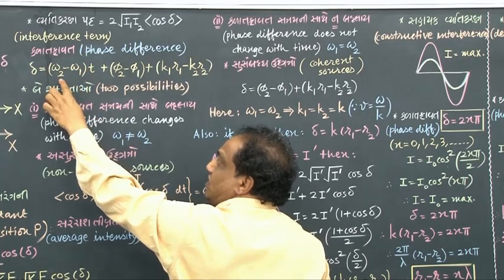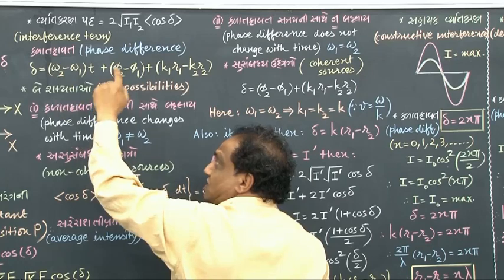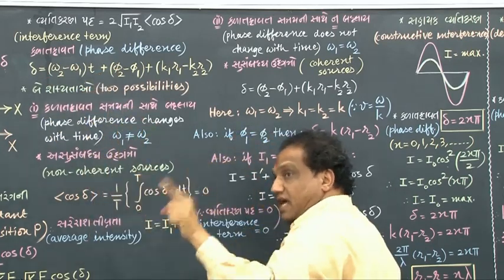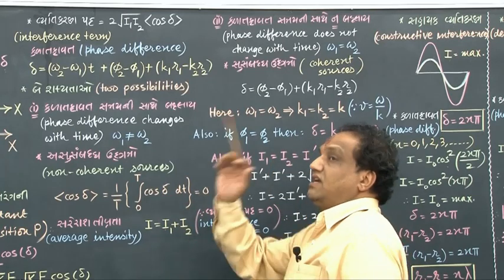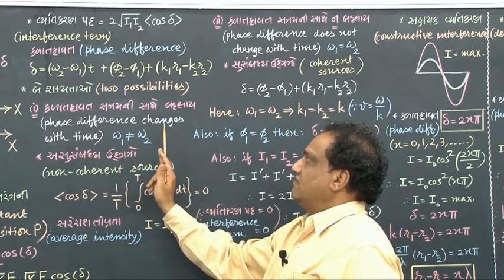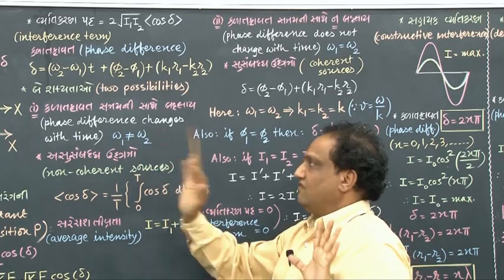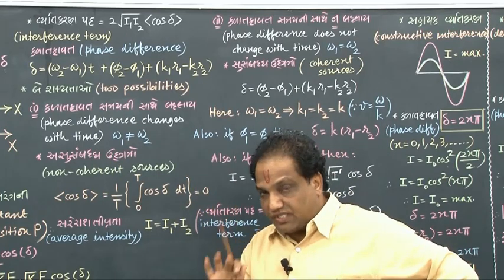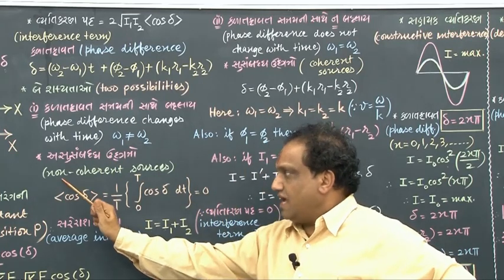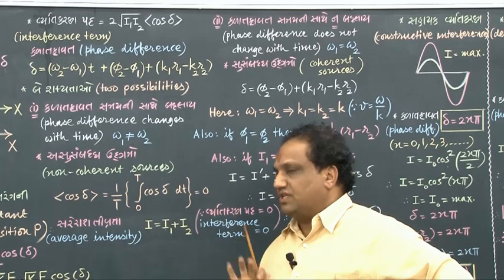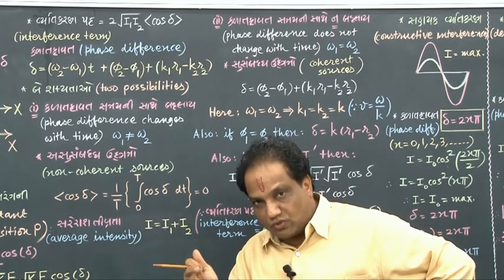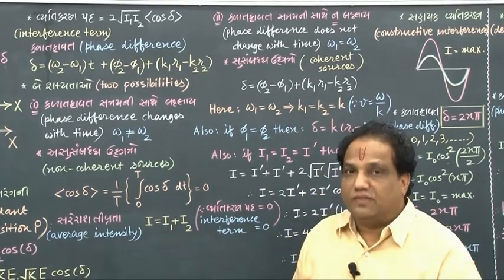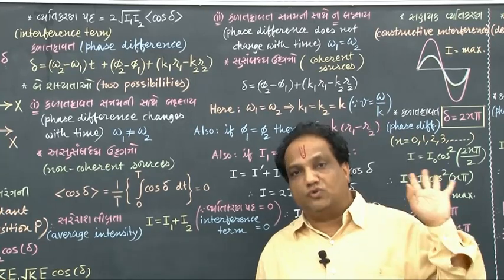When this term is not 0, meaning thereby the value of delta will depend on time. So as time changes, delta will change, that is, the phase difference will change with time. Whenever the phase difference between two sources changes with time, such two sources are called non-coherent sources. If the phase difference between two given sources changes with time, they are called non-coherent sources.